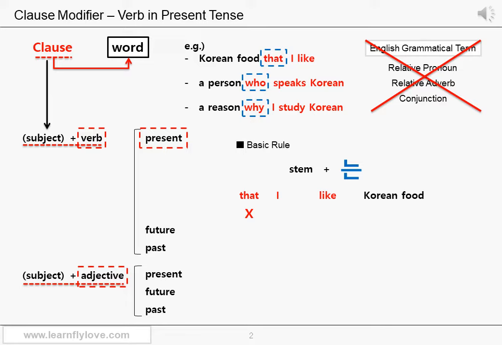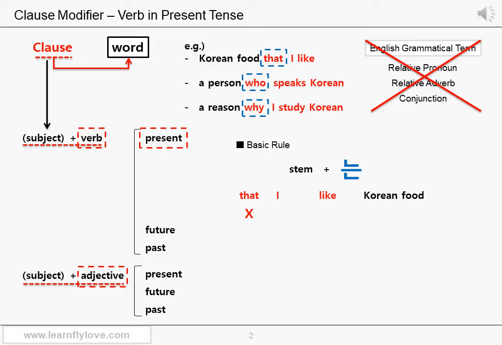So it is necessary to indicate the word which is modified exactly using that, which, when, where, who, how, and why. But in Korean, clause modifier comes right before the word that is modified. Therefore, you rather need to add something at the end of a clause, such as the particle 는 that we are learning on this page.